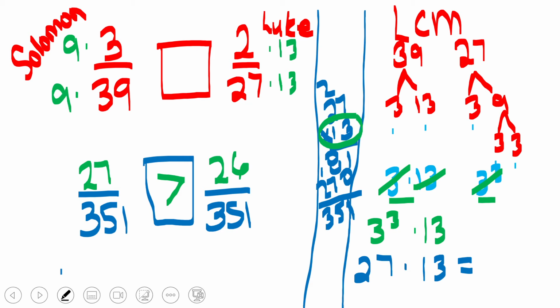So in our original given problems, 3/39 is greater than 2/27. Who wrote the greater proportion of books? Solomon.